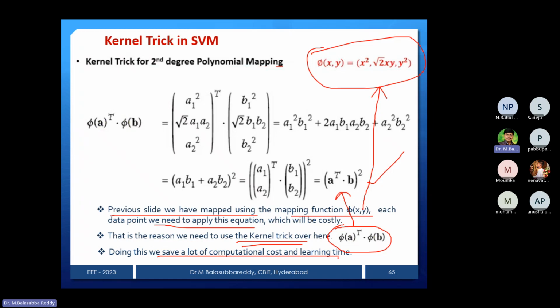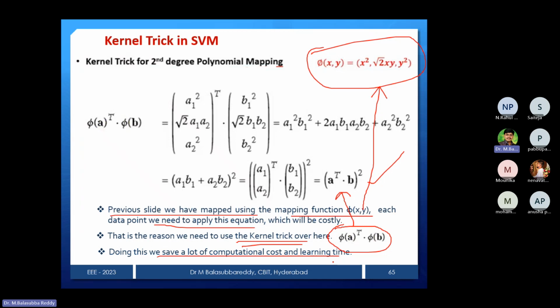It is directly one step: from lower dimensional data to higher dimensional data we are able to get it. This is the most useful advantage, instead of going for the transformation.